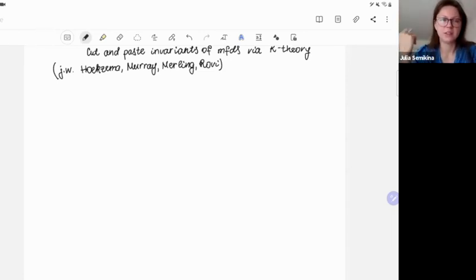That is a generalization of the algebraic K-theory construction, for example, of Waldhausen. But this is something that is more modern and can be applied in more various situations. And finally, I will tell you how to apply this machinery to construct some interesting spectrum that recovers this cut and paste group of manifolds.